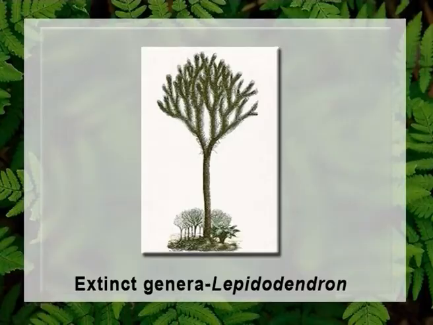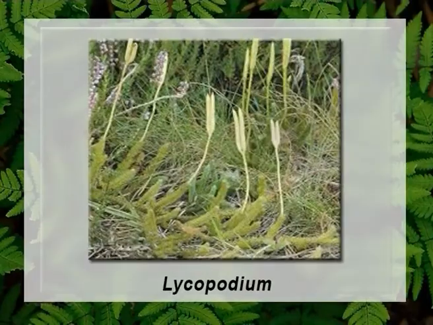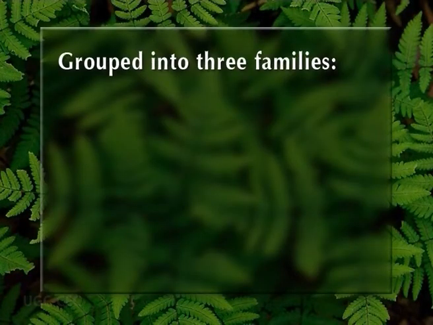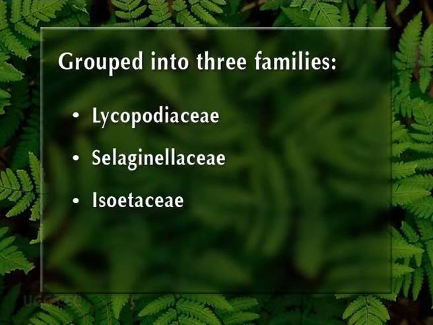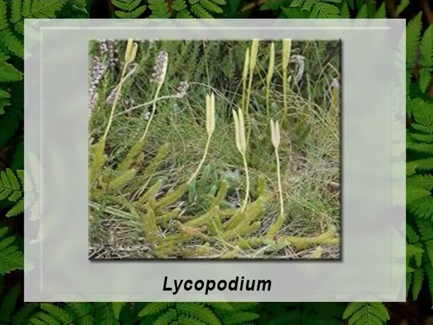The Lycophytes at present comprise several extinct genera, for example, Lepidodendron and others. The only Lycophytes that survived to the present are small herbaceous plants, usually grouped into 3 main families: Lycopodiaceae, Selaginellaceae, and Isoetaceae. First, the Lycopodiaceae.